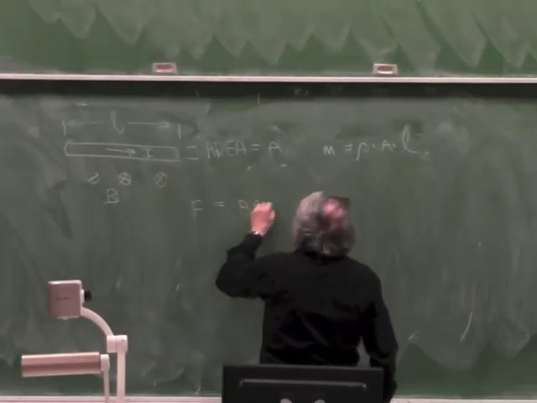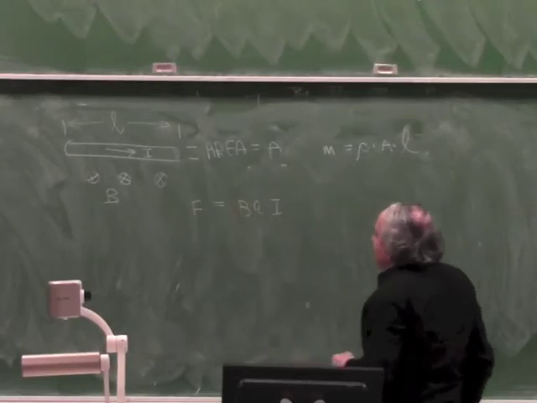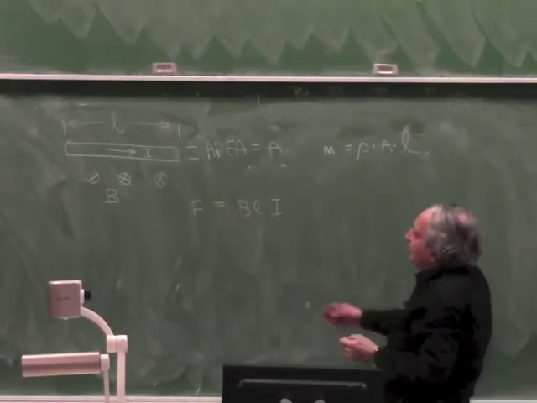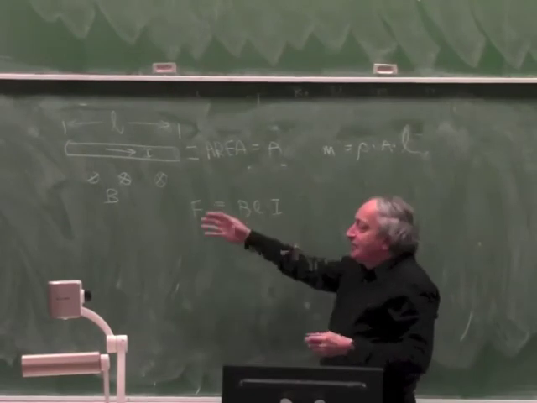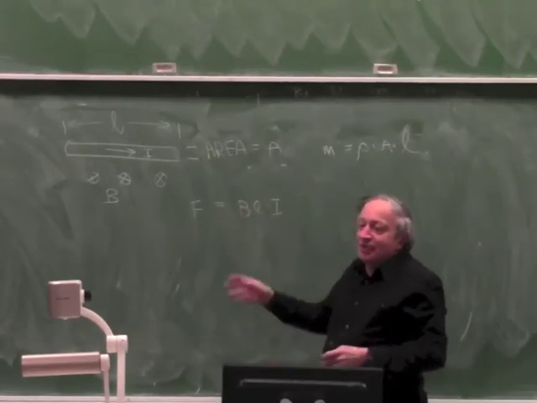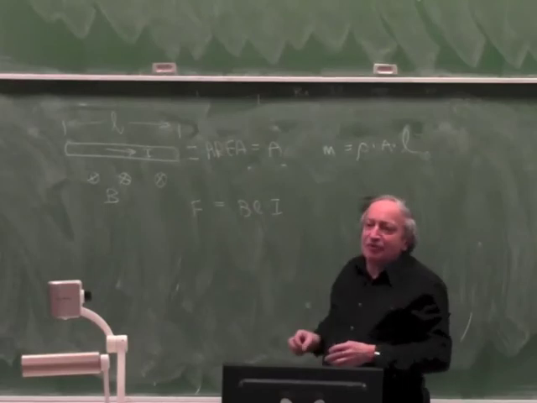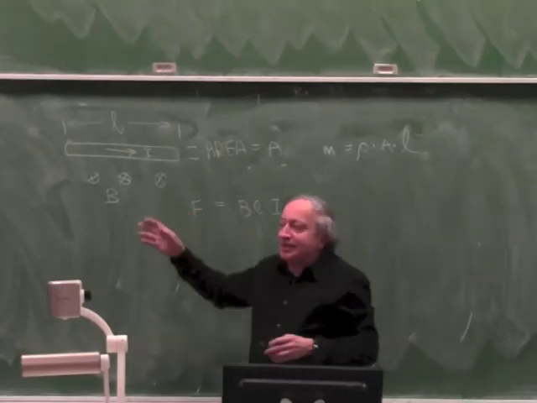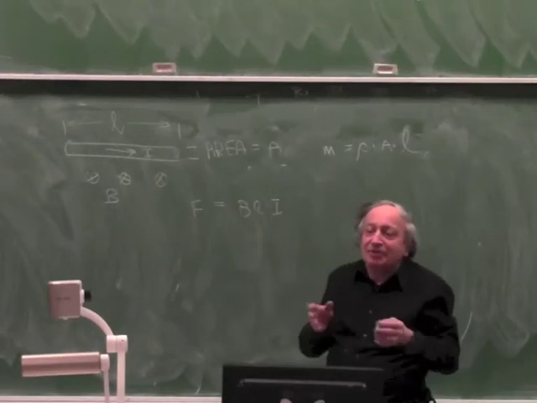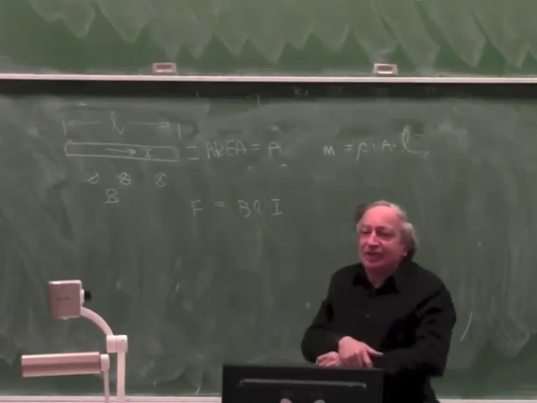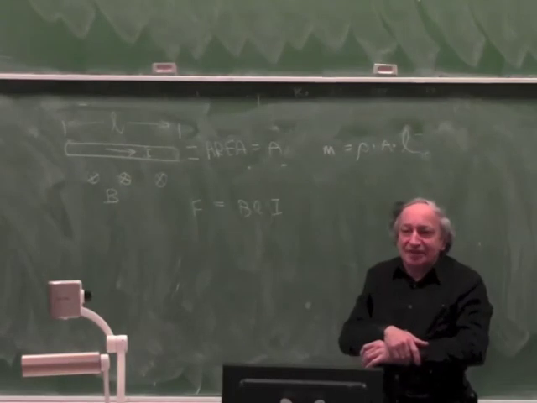is BLI. But then you say, just a second, I can make the force as big as I want by increasing I. Let's say B is fixed by the magnet. Typically, I don't know if I mentioned it before, but if you use permanent magnets, you cannot get any B you want. In a permanent magnet with an air gap, it's very difficult to get more than 1 Tesla.